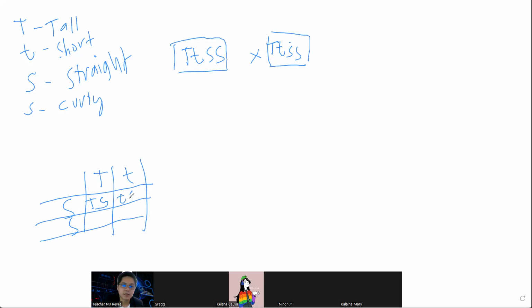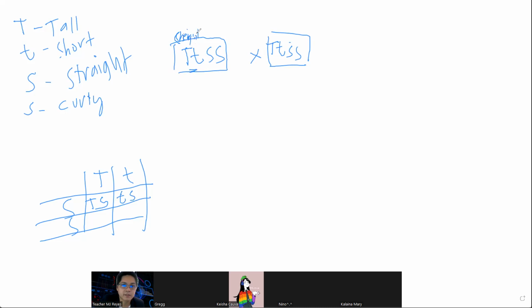Always start from the first gene that you started with here. As you can observe, we started from the gene for height.